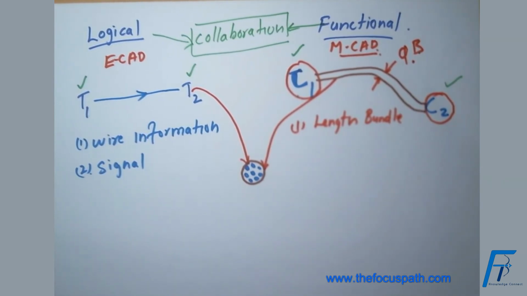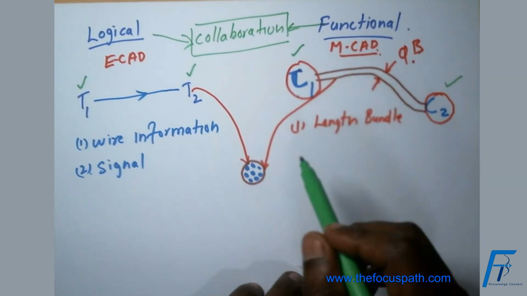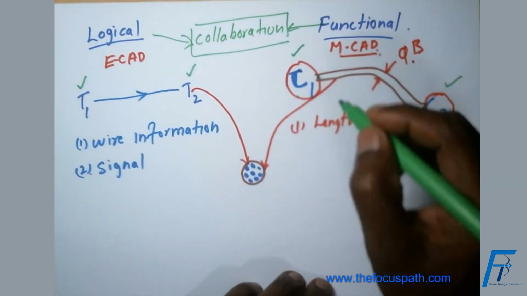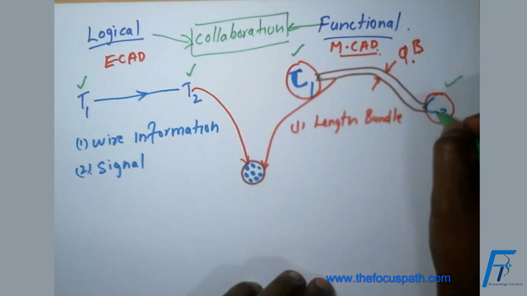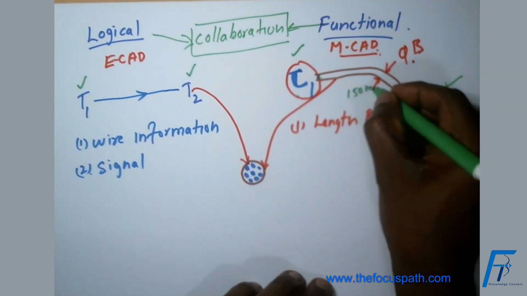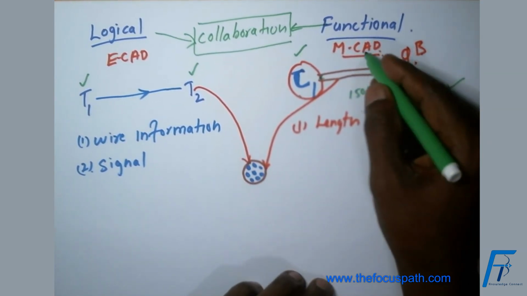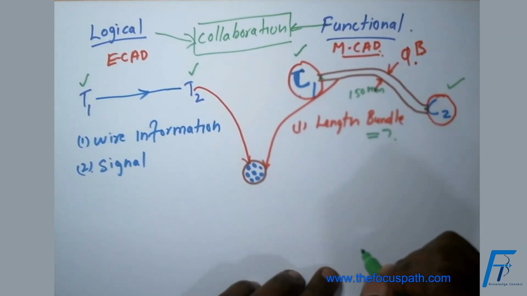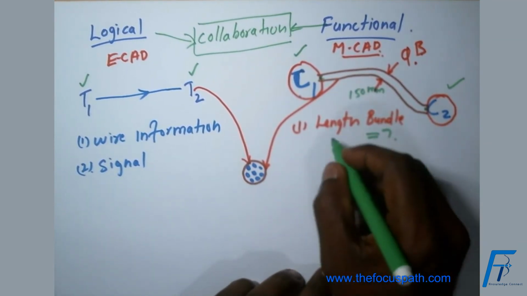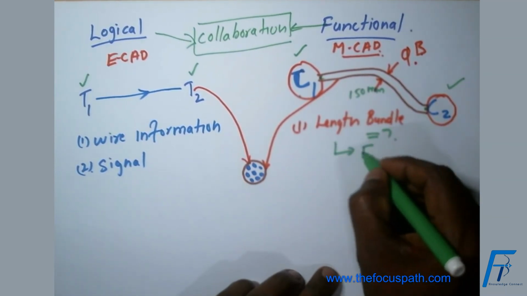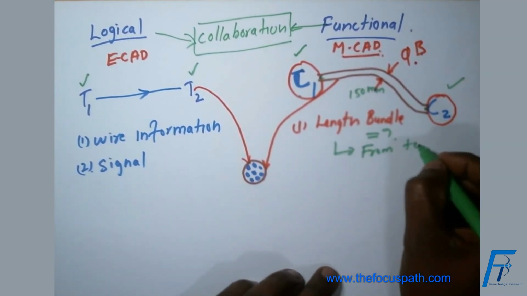Typically, you define the length in MCAD. I will know the length from this particular point to this point. For example, I just defined it as 150 mm. So the length of the harness, that means the length of the bundle, is taken care of in the MCAD. So MCAD is more into from-to connectivity.